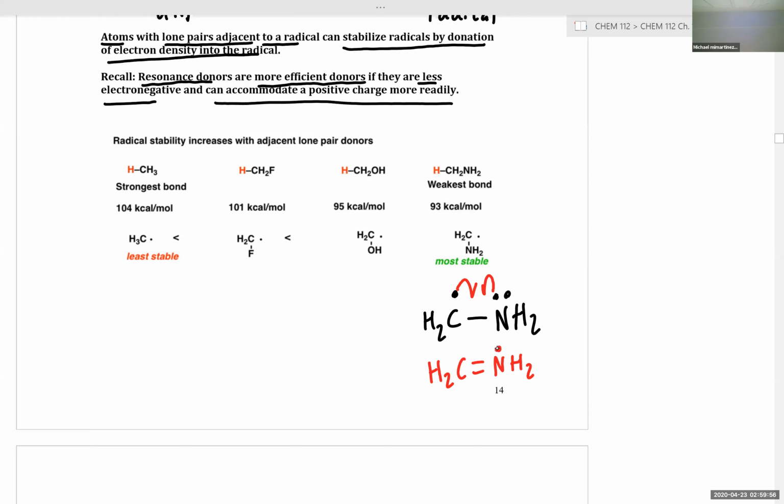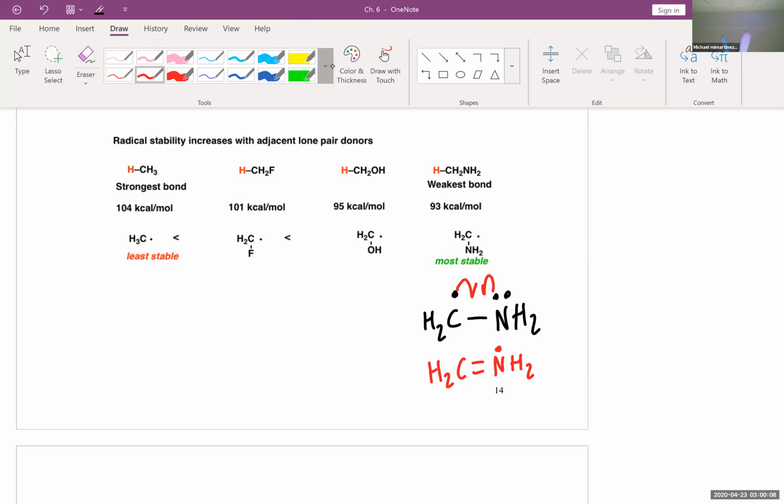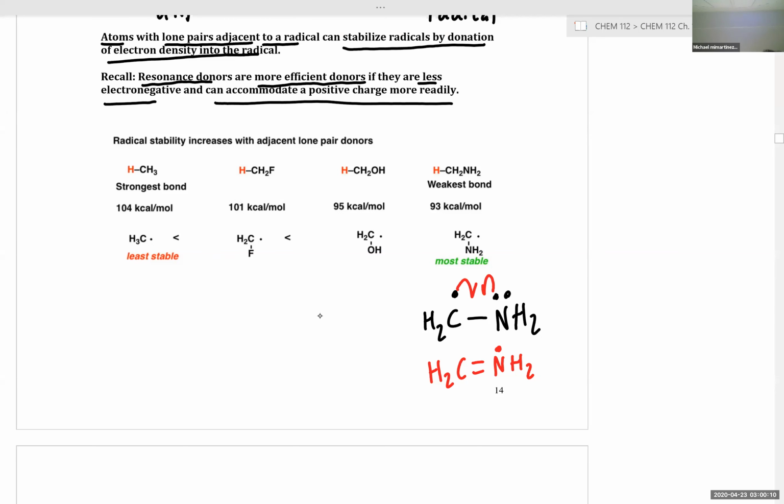So in effect, we're distributing our radical character across multiple atoms, and we've donated some electron density into our radical. The same thing occurs if we have an adjacent alcohol. Would someone like to comment as to why an alcohol is a less efficient donor?